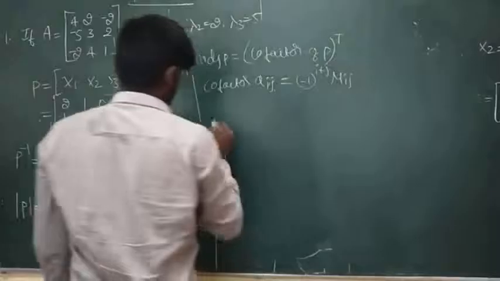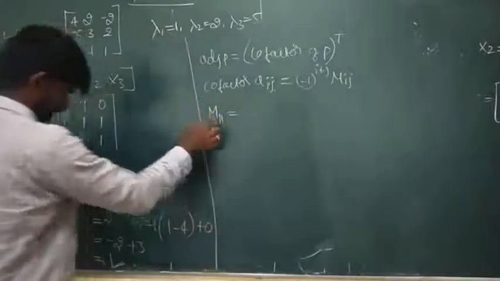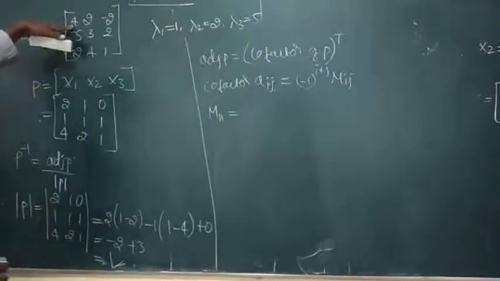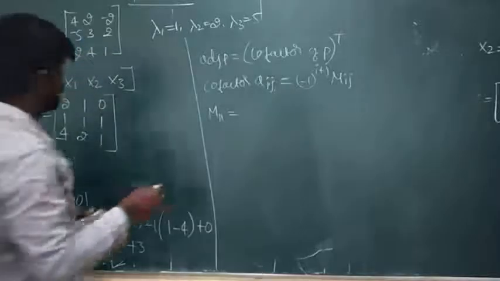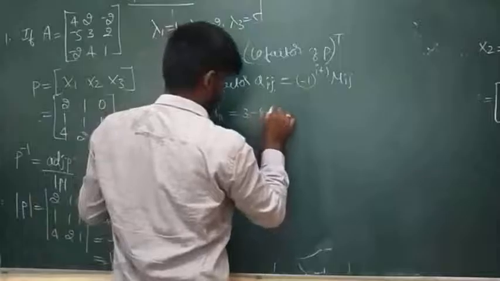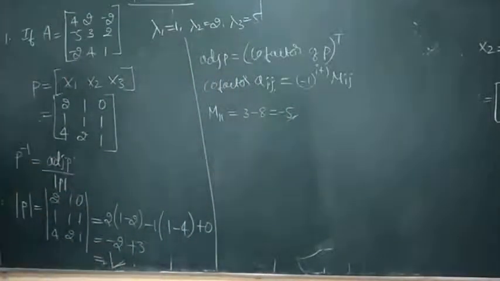Therefore, the minor element of M11 means here i is equal to 1, j is equal to 1. Minor of this element is 3 into 1 minus 4 into 2: 3 into 1, 3 minus 4 into 2, 8, we get minus 5. So M11 is minus 5.